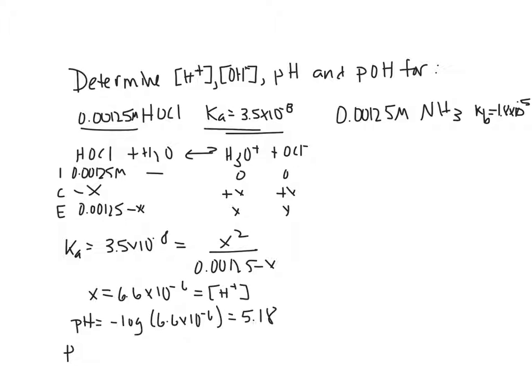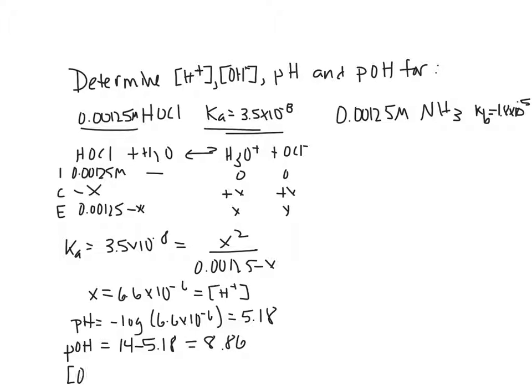So to find pOH, remember, we know that pH and the pOH should add up to 14. So pOH is going to be 14 minus the pH of 5.18. So we should end up with 8.86. Once I know the pH and the pOH, I could use either one of those to find out one of the ion concentrations.